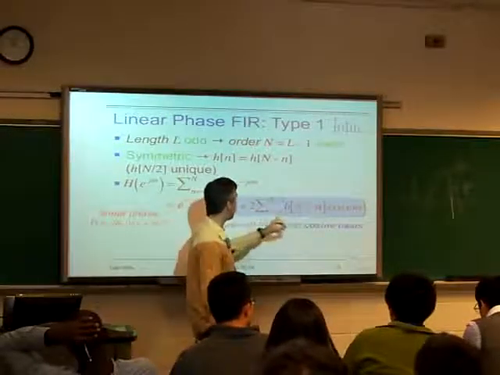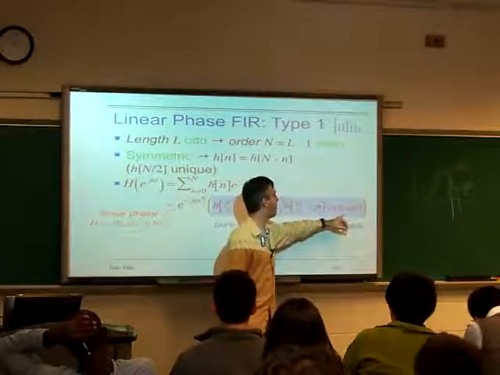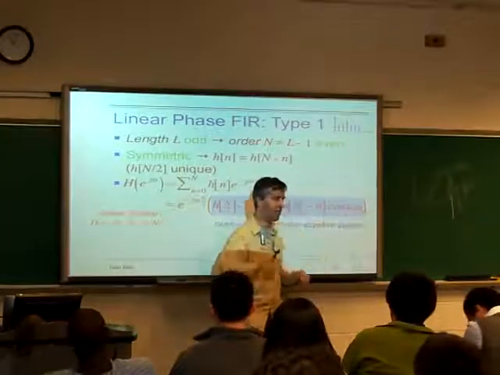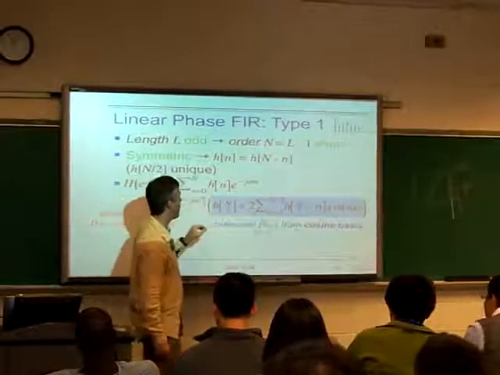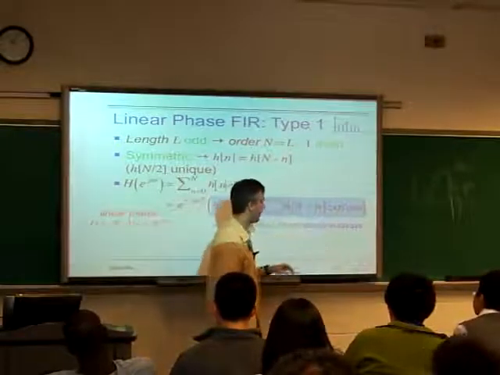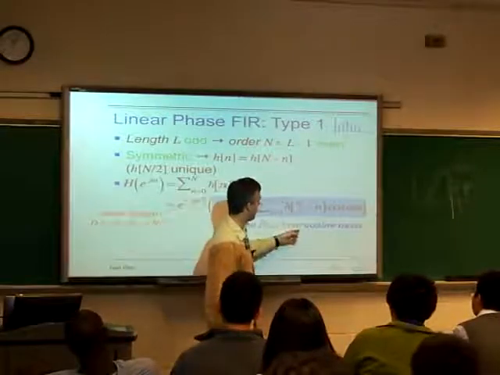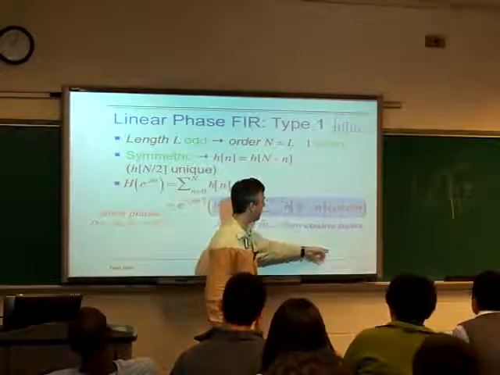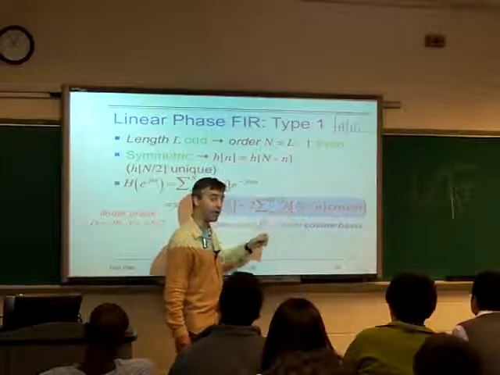But its variation with omega depends on cosine omega n, where this n is now which point in the impulse response we're looking at. So basically building a function of omega out of these basis functions, which are these cosine functions. So our frequency response is going to be built up out of different amounts of these different cosine functions, and the different amounts are the values of the individual points in the impulse response.